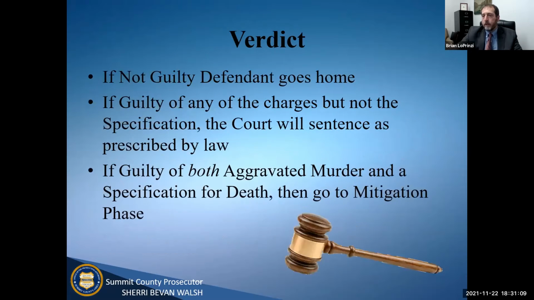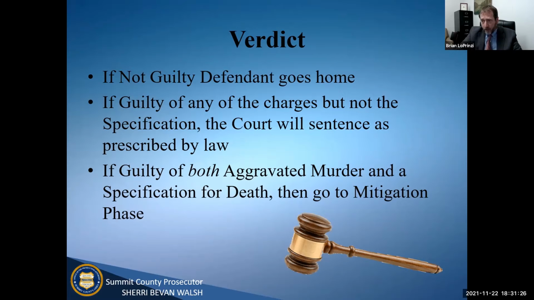All right, so if the verdict in the case is not guilty, we all know what happens. You go home, right? The jury has determined that the state has failed to meet its burden of proving that you committed this crime. So you go home.